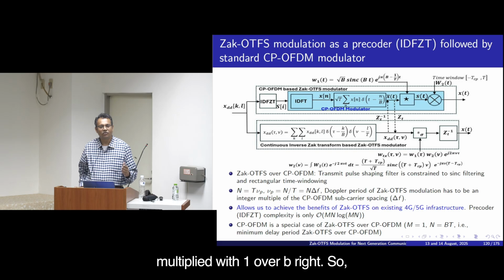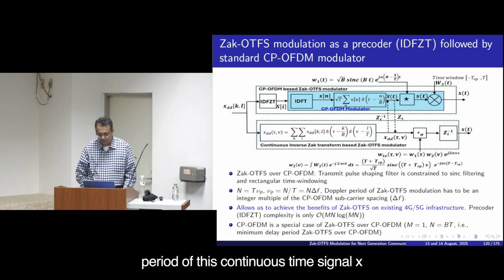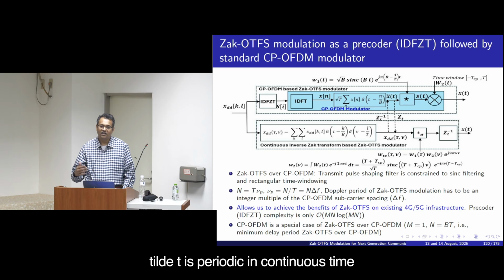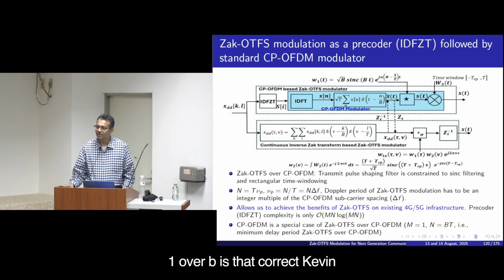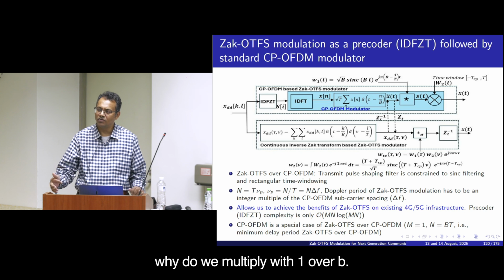MN multiplied by 1 over B. So that is the period of this continuous time signal x tilde. This continuous time signal x tilde(t) is periodic in continuous time and has a period which is M times capital N times 1 over B. Is that correct, Kevin? Why do we multiply with 1 over B?